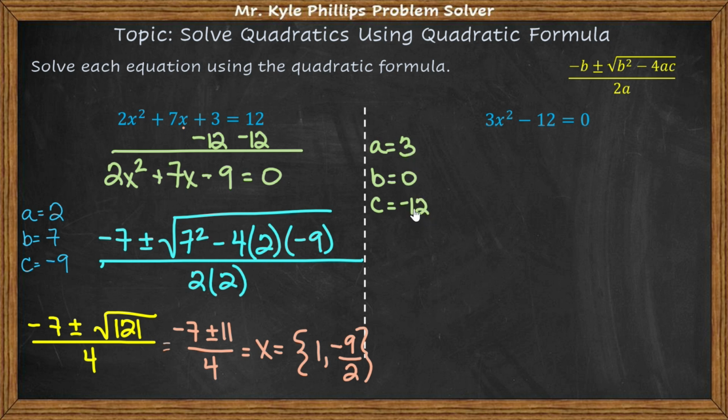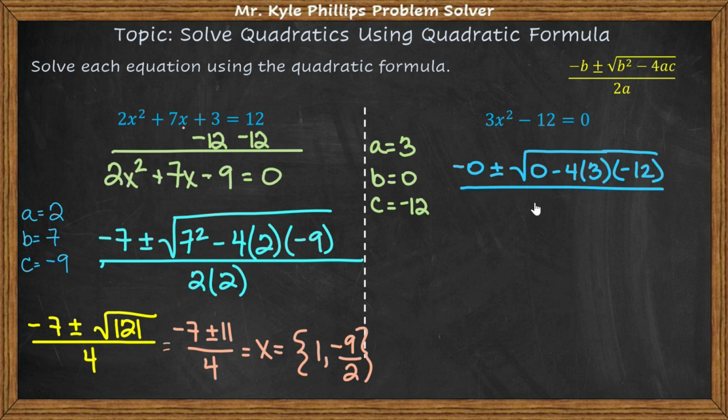And these are going to be my numbers I will substitute into my quadratic equation. So I have negative b plus or minus the square root of b squared minus 4 times a times c. This will all be over 2a.